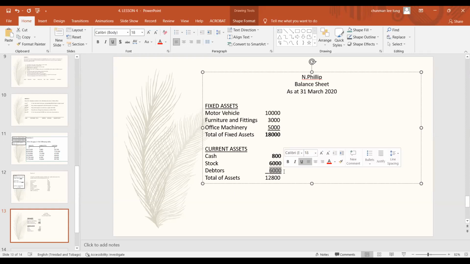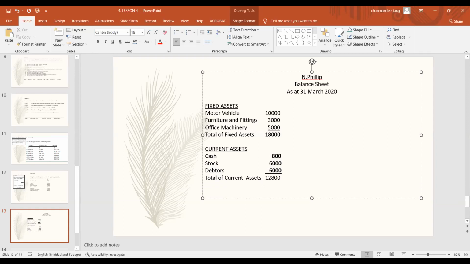So it would be your 18,000 plus your $12,800 will give you a total of fixed assets and current assets of 30,800. Okay, so your other line would be total fixed and current assets. All right.